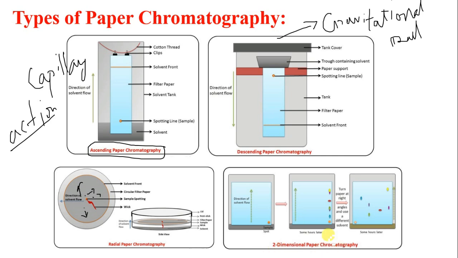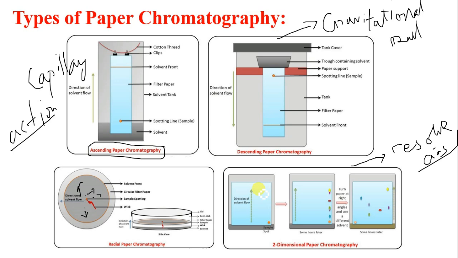This particular technique is very important when we want to resolve, let's say, amino acids which have very close RF or retardation factor values, which means they are very difficult to separate. First we do an ascending chromatography, then we turn the filter paper by 90 degrees and do the chromatography again.